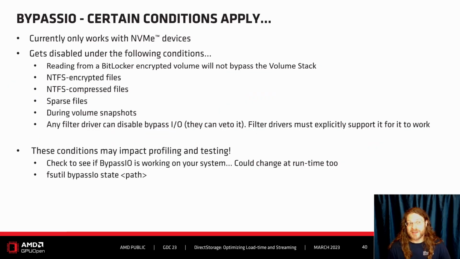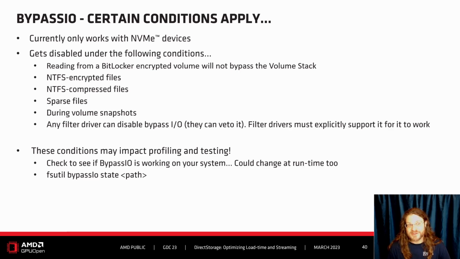However, with bypass IO, certain conditions certainly apply. Those conditions include the fact that it only works with NVMe devices, and it can be disabled under the other following conditions. BitLocker encrypted volumes will not bypass the volume stack.